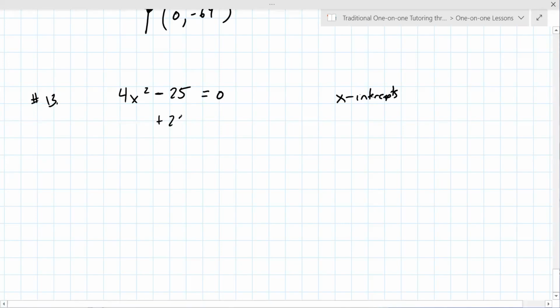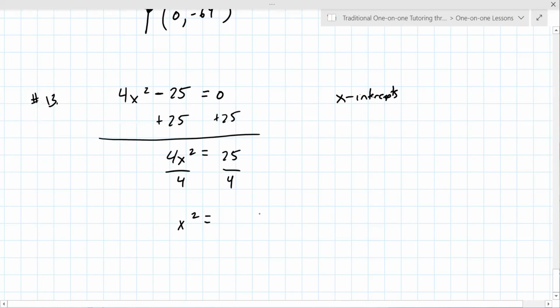Now for that, we have to add 25 to both sides. So 4x squared equals 25. Then divide both sides by 4. So x squared equals 25 over 4. And then the last step here is to take the square root of both sides.